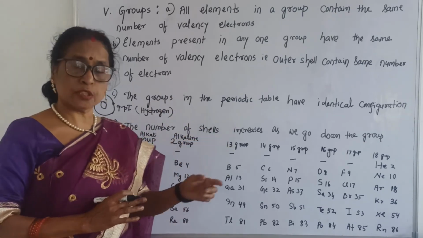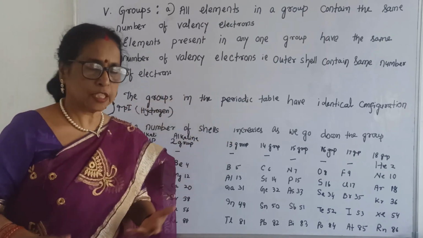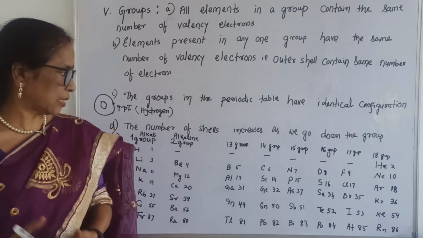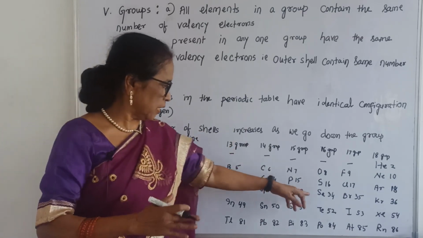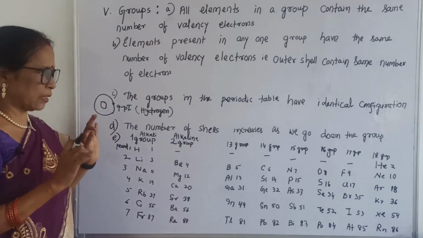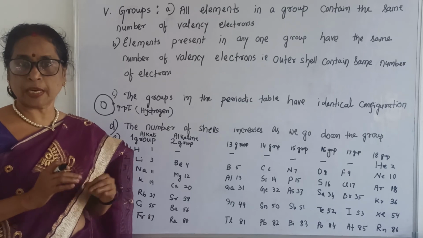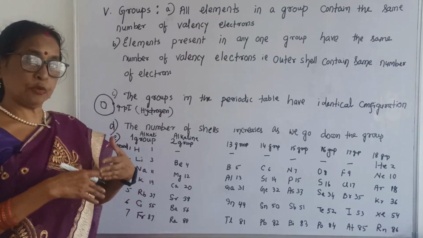Similarly, suppose one asks, what is the halogen group? That is group 17. What are the elements? Fluorine, chlorine, bromine, iodine, astatine. Similarly, group 16: oxygen, sulfur, selenium, tellurium, polonium. Like this you can say any group's elements with atomic numbers. It is better if you remember atomic numbers; otherwise remember the few you can learn.